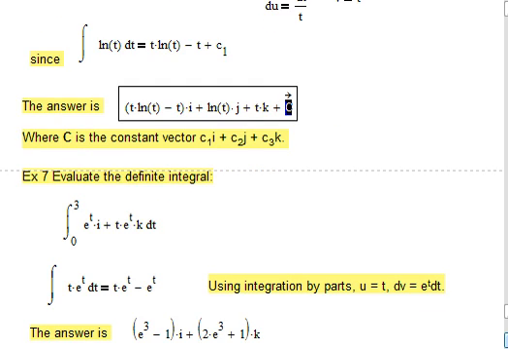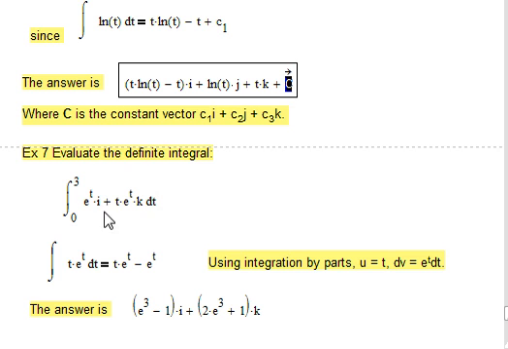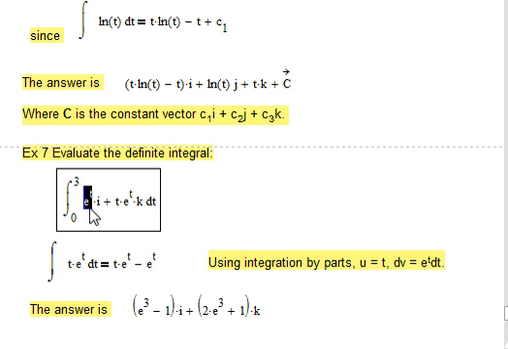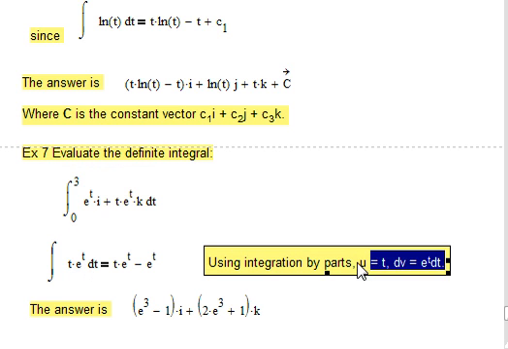And so here's a definite integral, and there's no j term in this one, so we just evaluate this one. Well, the integral of e to the t is e to the t, and the integral of t times e to the t, again using integration by parts with u equal to t, dv equal to e to the t dt, and then du equals dt and v equals e to the t.